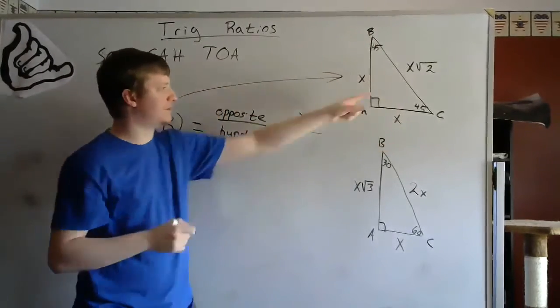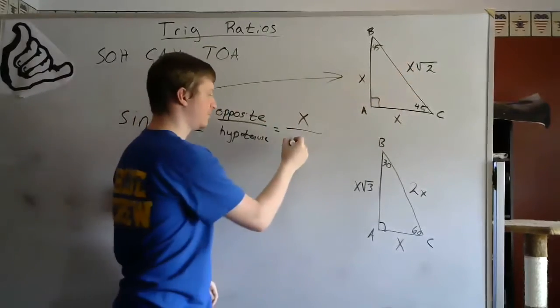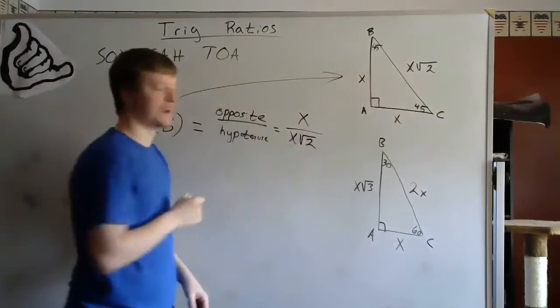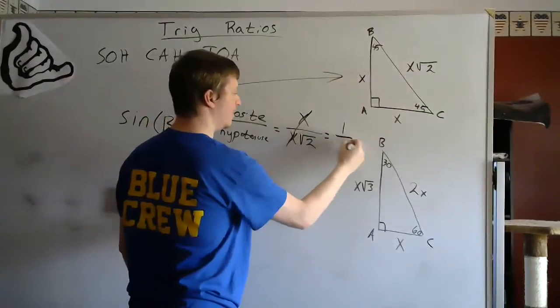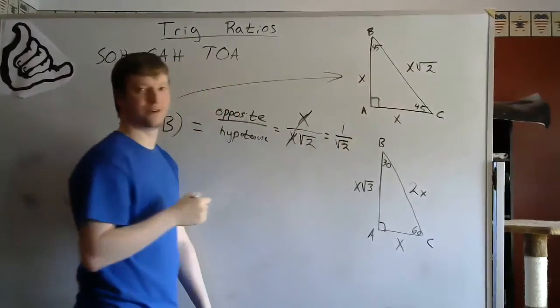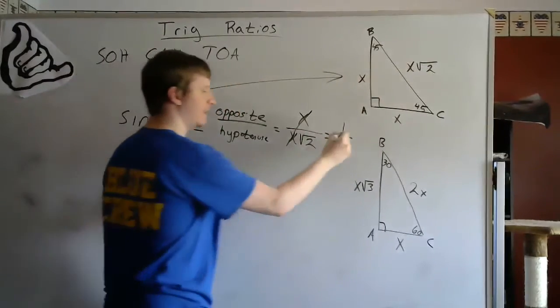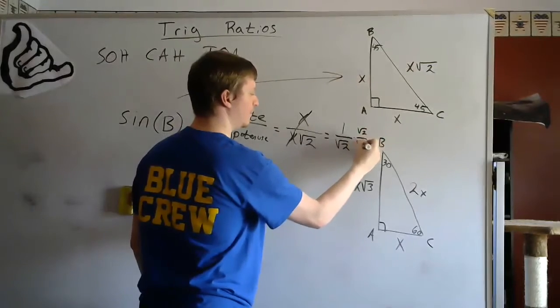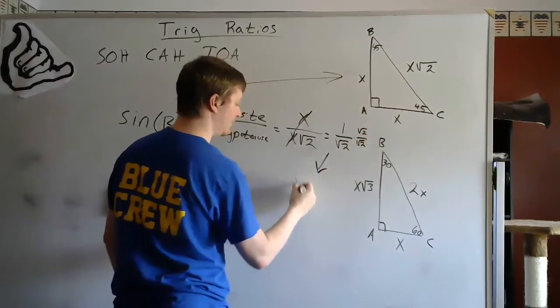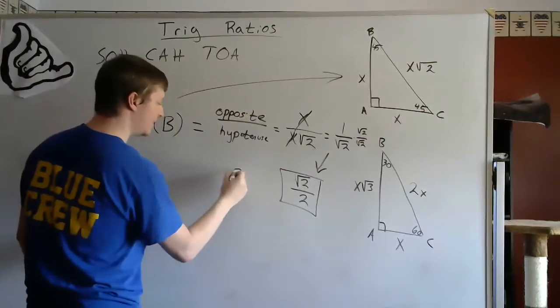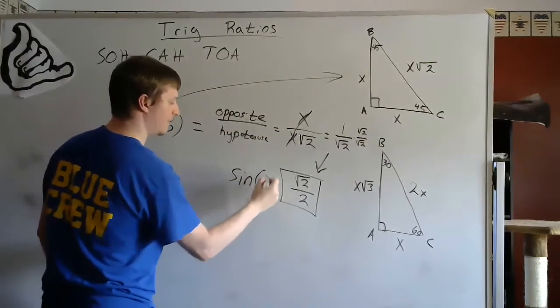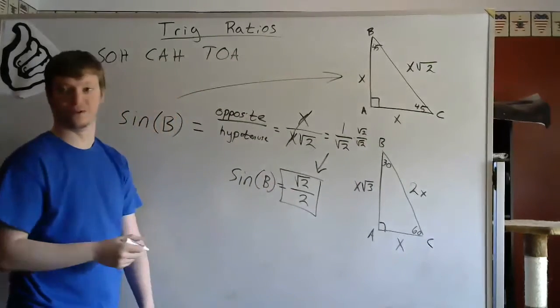Which one's my hypotenuse? My hypotenuse is x times root 2. And now we just simplify that. The x's cancel, giving me 1 over root 2. And then I don't like roots in the denominator. So multiply by root 2 over root 2. And we get square root of 2 over 2. That is what the sine of angle B in this case is equal to.